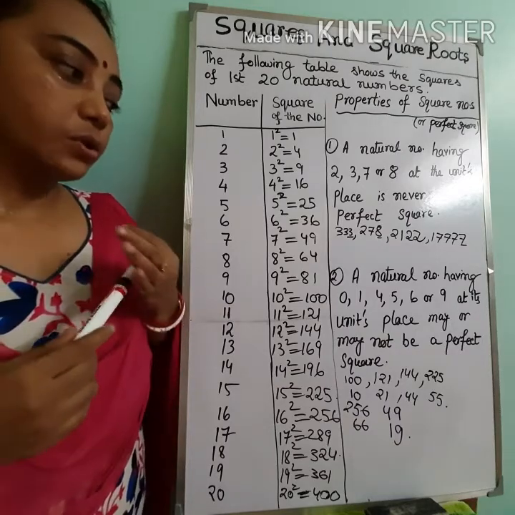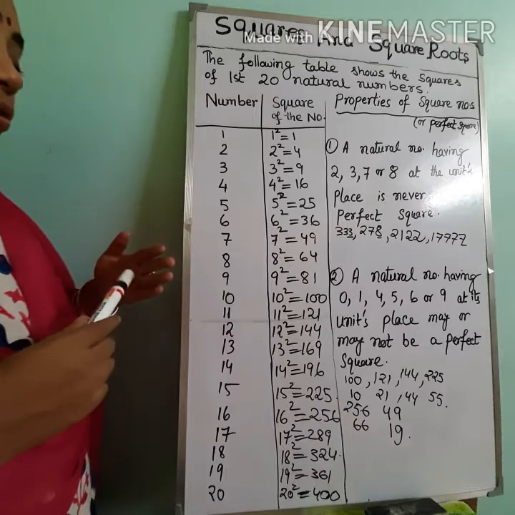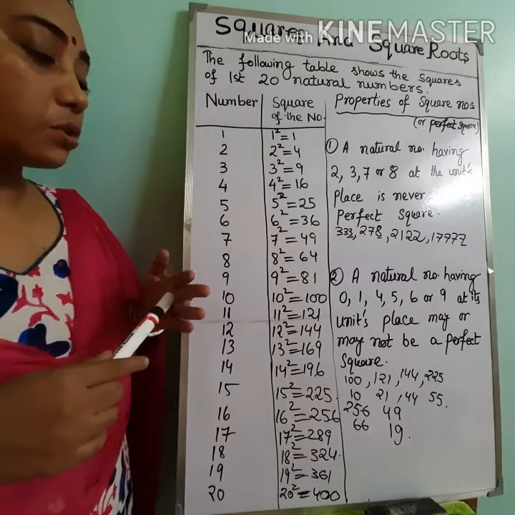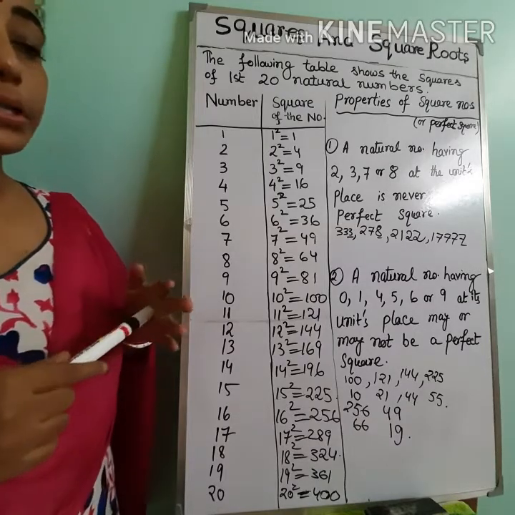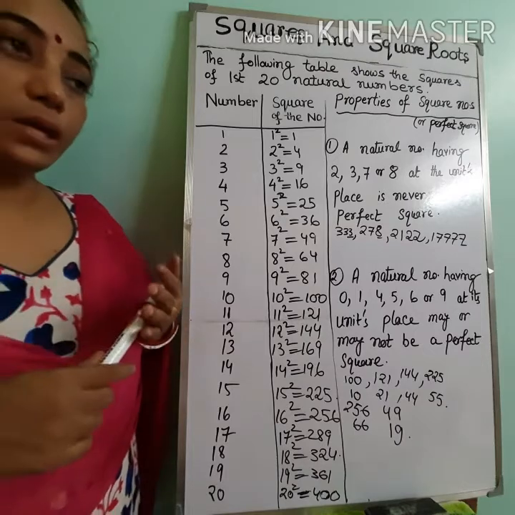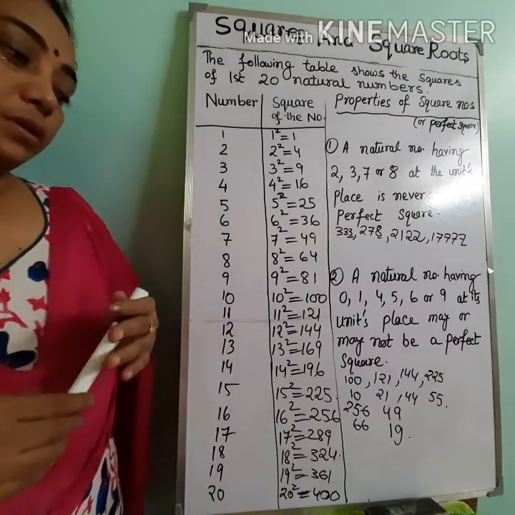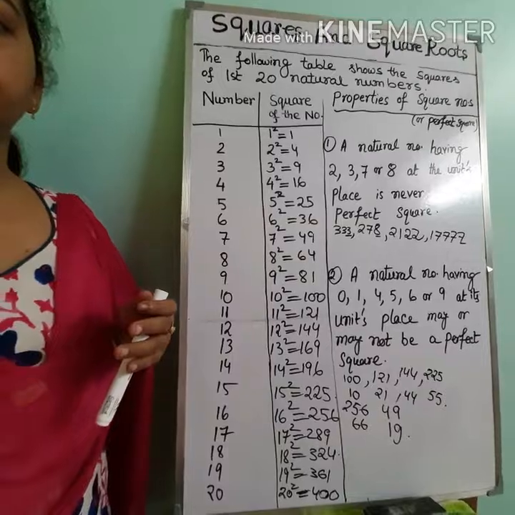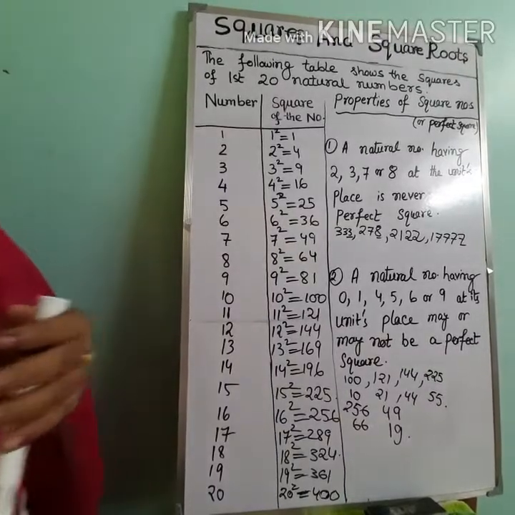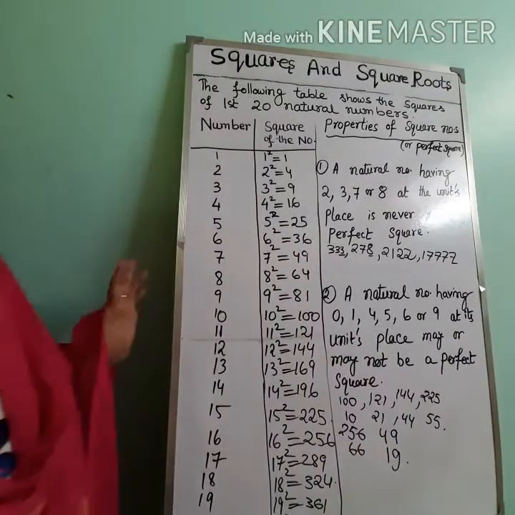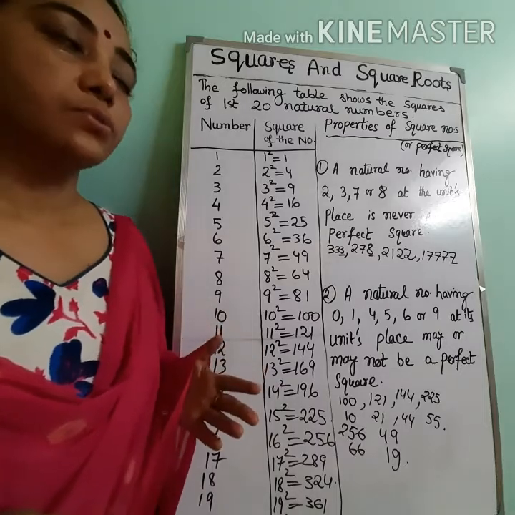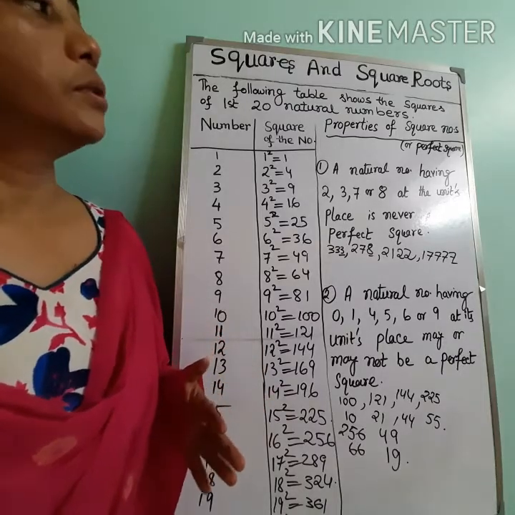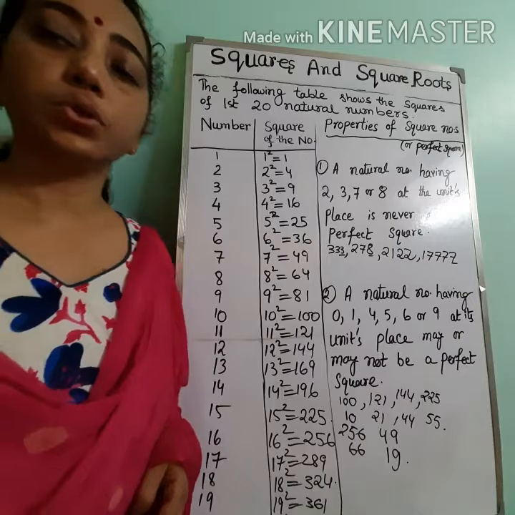In this case we cannot say directly that the given number is a perfect square. It may or may not be. In our next class, we will discuss the remaining properties of square numbers.